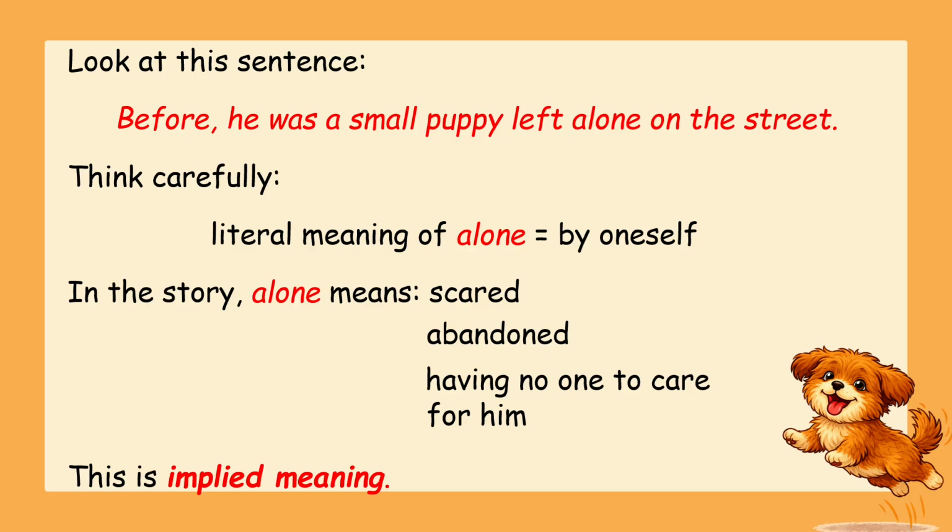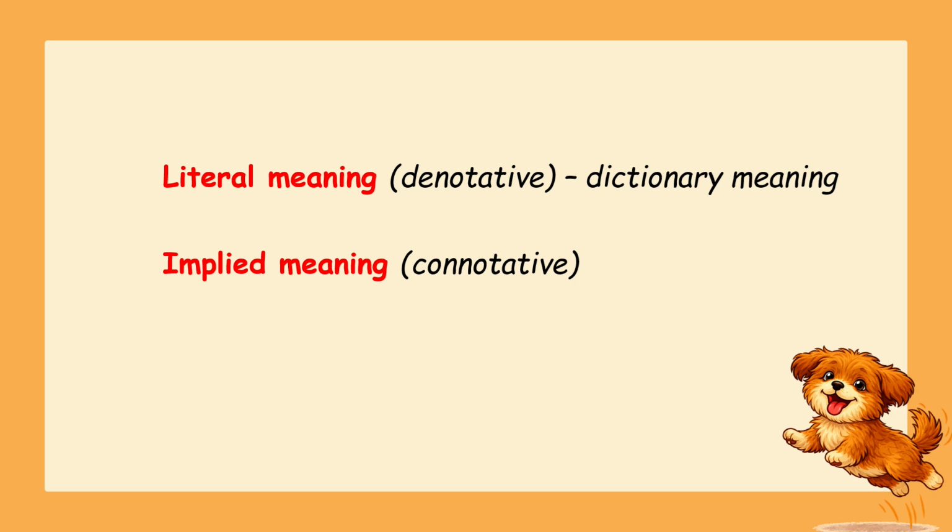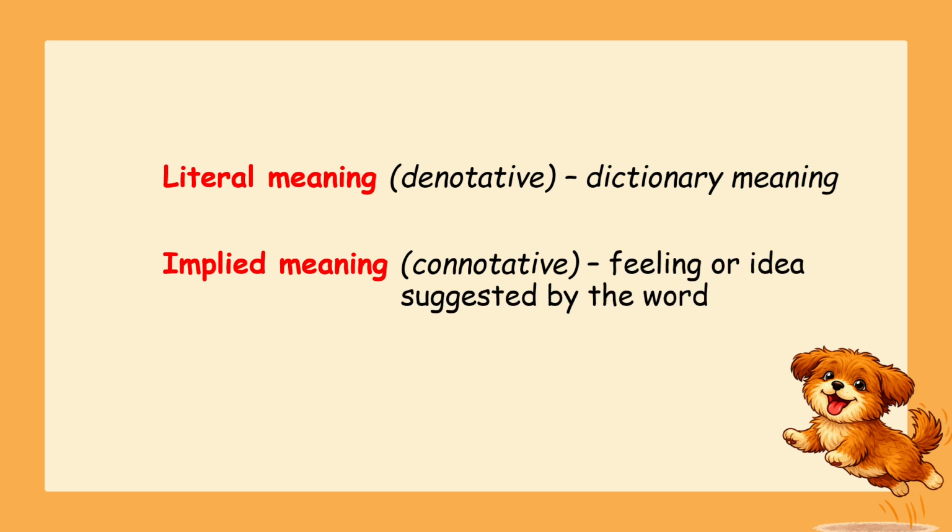Class, in this simple example, we learn that literal meaning, also called denotative, is the dictionary meaning of a word, while implied meaning or connotative is the feeling or idea suggested by the word. This meaning is not said directly, but we understand it from the story. And that brings us to our lesson today.